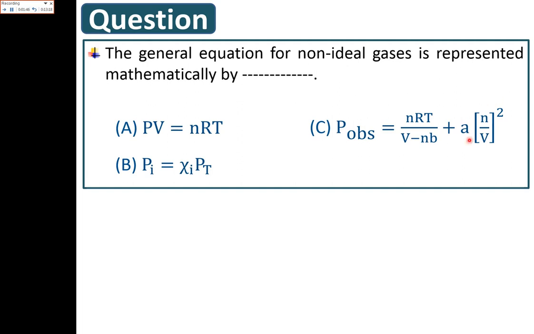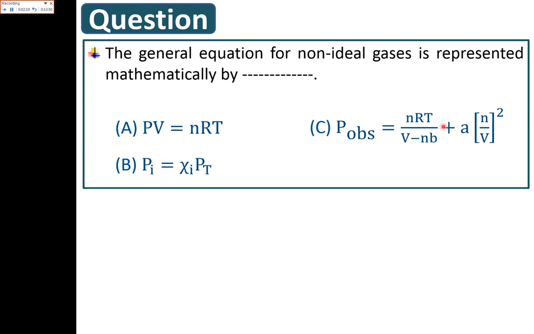The other correction here is given for the pressure, which results from the attractions between the gas particles. So we will consider the attractions between the gas particles effective here for the real gases. But if you remember, we stated that this correction will decrease the observed pressure, not increase.